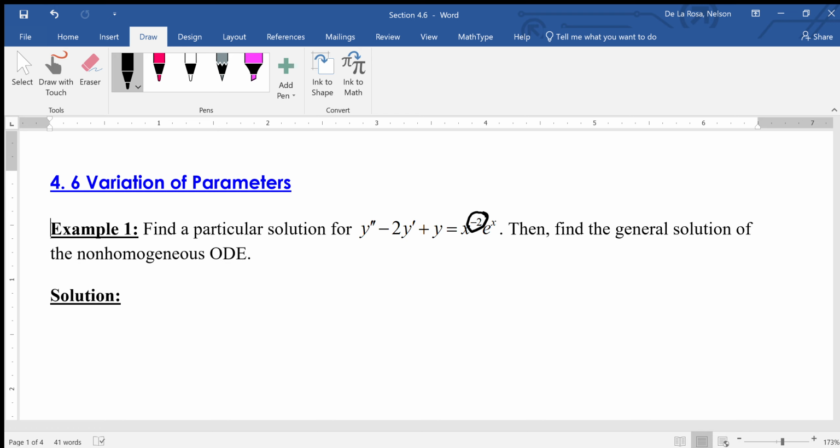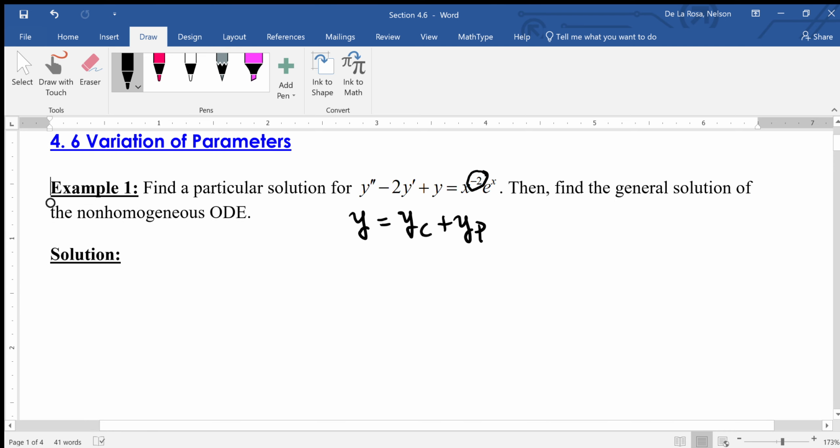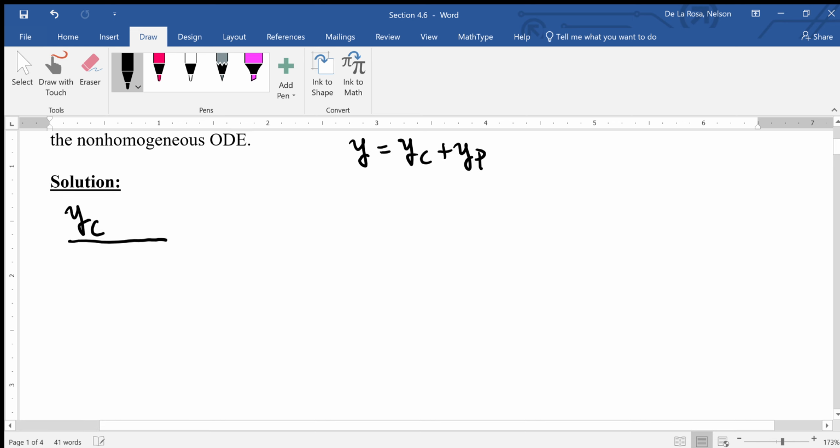To find the general solution, recall, the general solution is the sum of the complementary plus the particular. So first of all, to find the complementary solution, we need to write the homogeneous equation from the given.